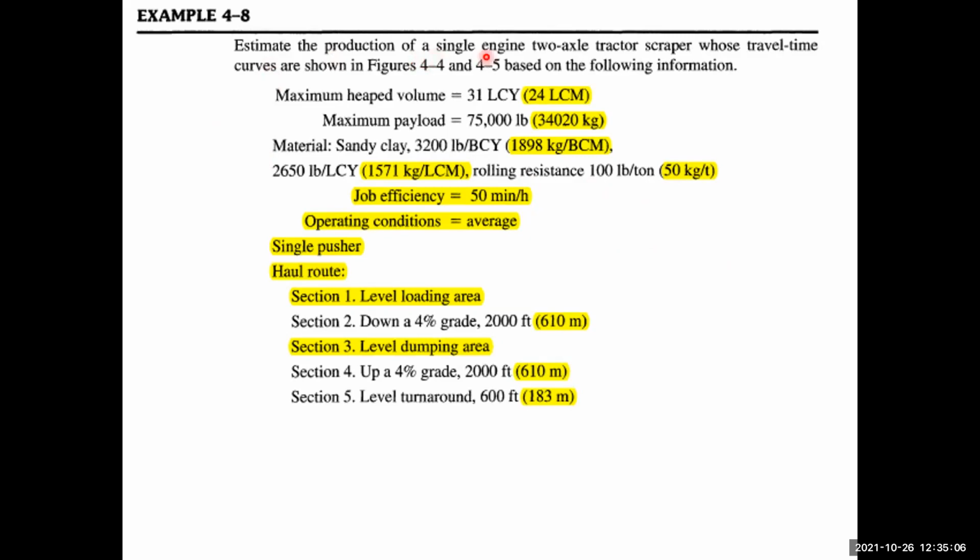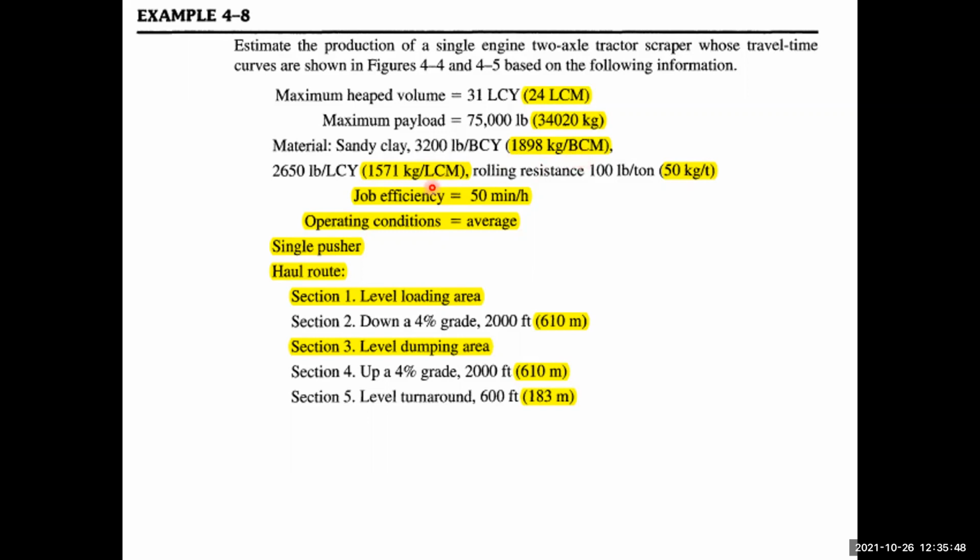Estimate the production of a single engine 2-axle tractor scraper, whose travel time curves are shown in figures 4.4 and 4.5, based on the following information. The maximum heaped volume is this, maximum payload is this, and the material is sandy clay with 1898 bank density and loose density.